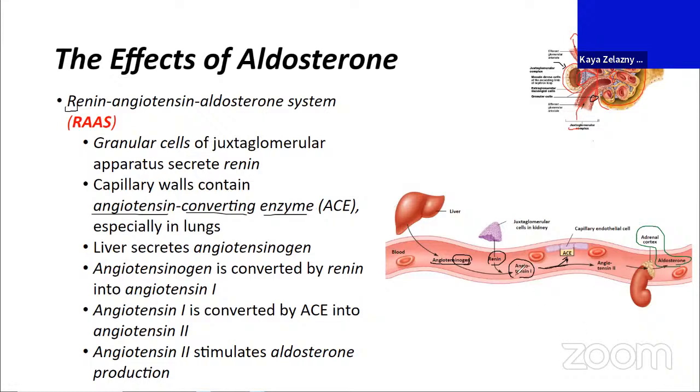When angiotensin 1 bumps into them, the action of that enzyme is to turn it into angiotensin 2. Thankfully, unlike our clotting factors, these are numbered in order of action. And it's that angiotensin 2 that comes into contact with the adrenal cortex and tells it to release aldosterone.